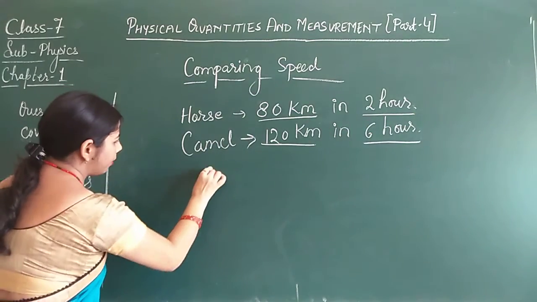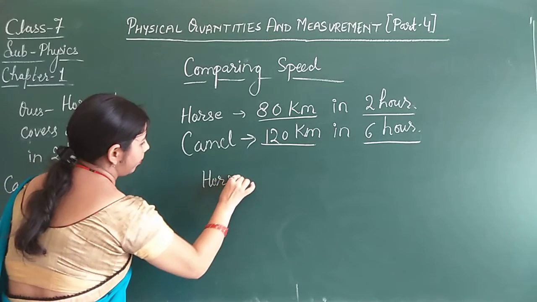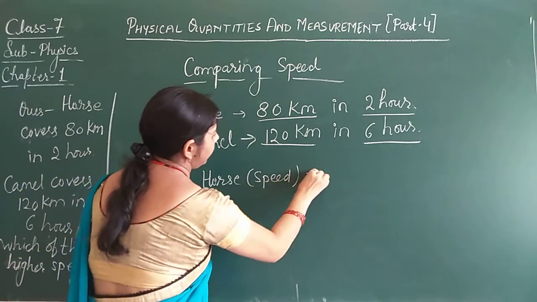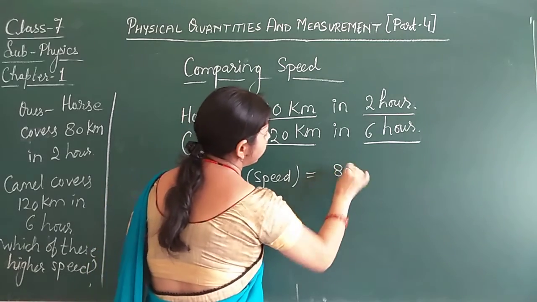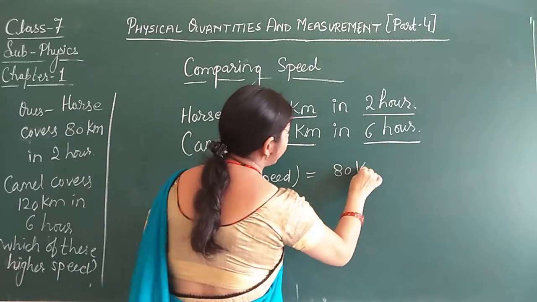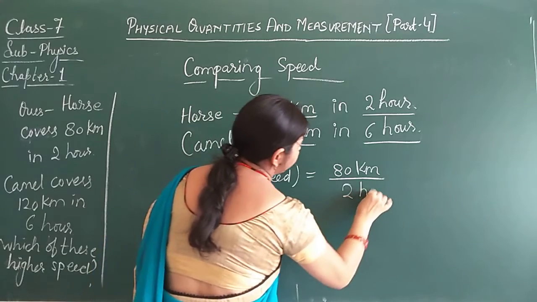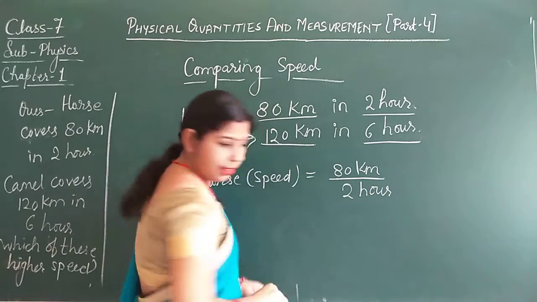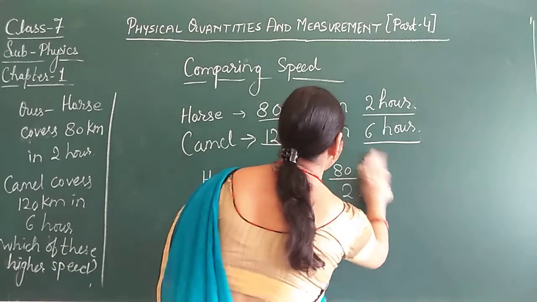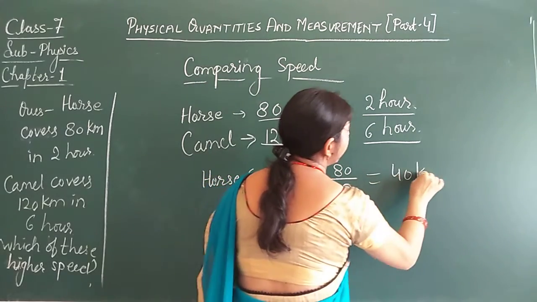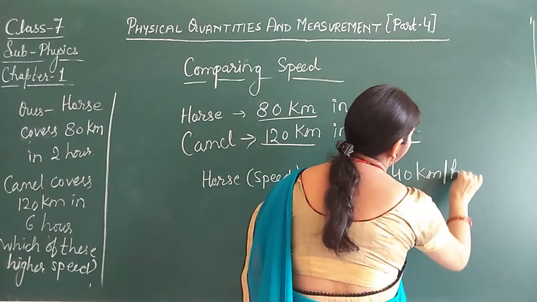So for horse, speed is 80 kilometer by 2 hours, that is 40 kilometer per hour.